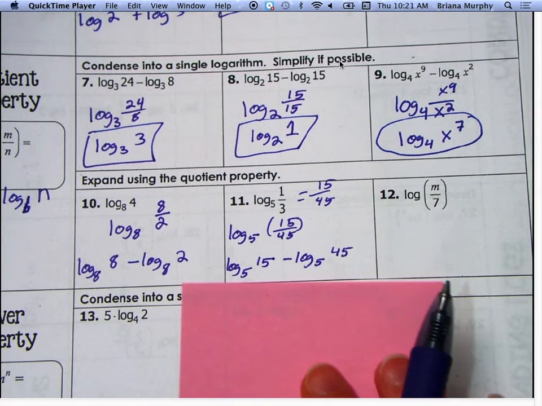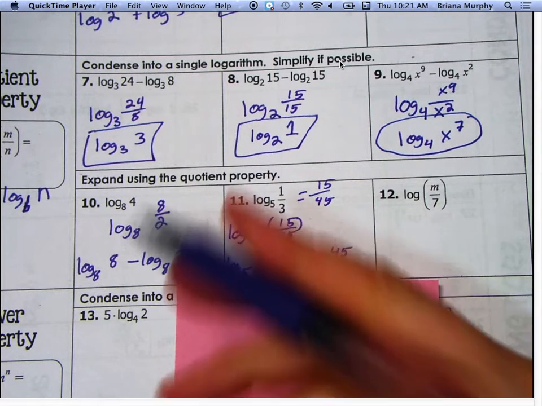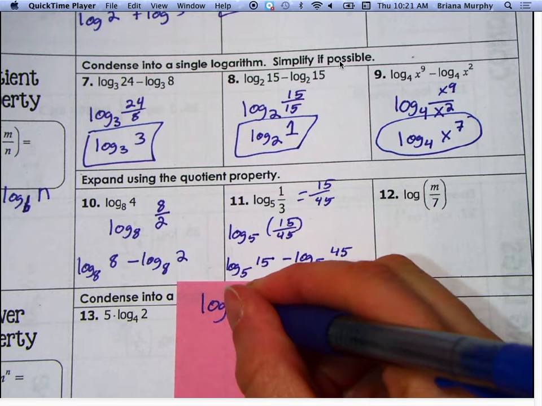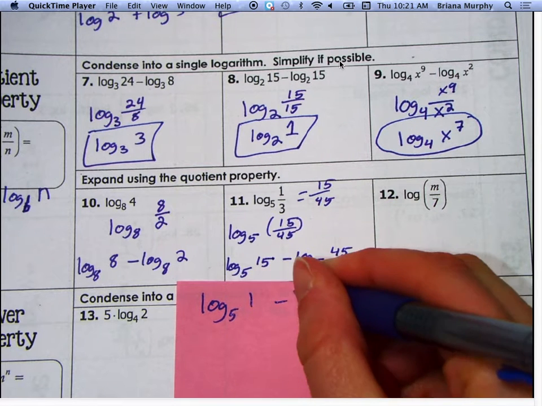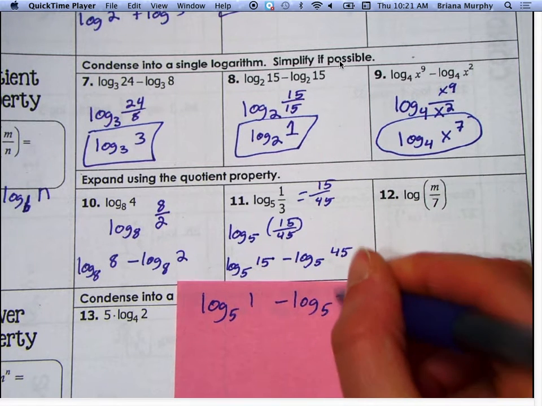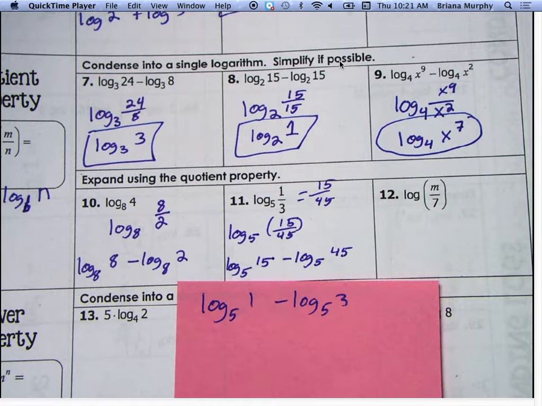Look, if I do log base 5 of 1 minus log base 5 of 3, I'm just going to stick that flat out in my calculator. So I'm going to say log base 5 of 1 minus log base 5 of 3.